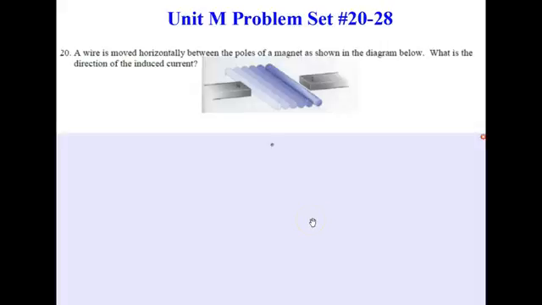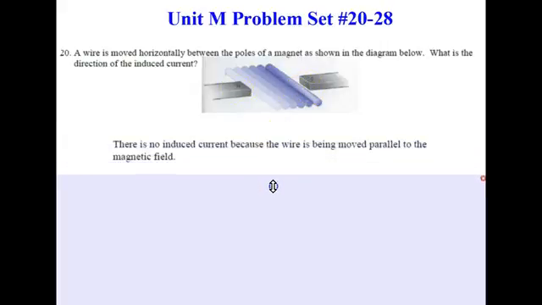That would be the maximum current. You could move the wire at some angle that's not perpendicular, but one angle you can't move it at is 0 or 180. In other words, parallel to the magnetic field. That's what they're showing happening here, that the wire is being moved parallel to the magnetic field. Therefore, there is no induced current in the wire.